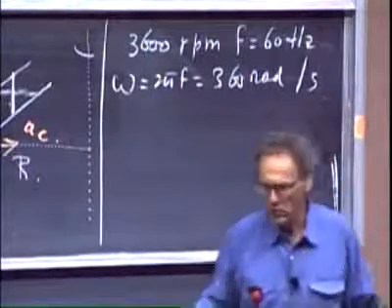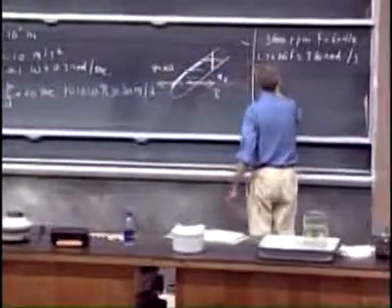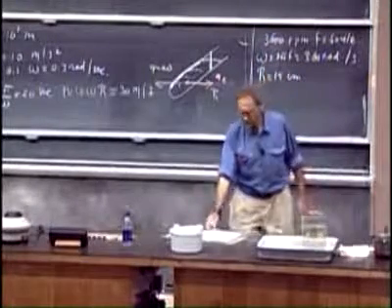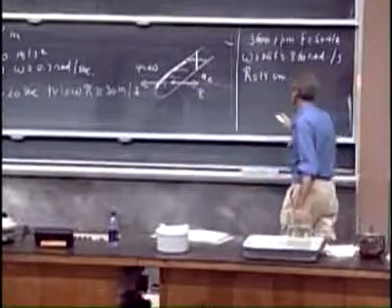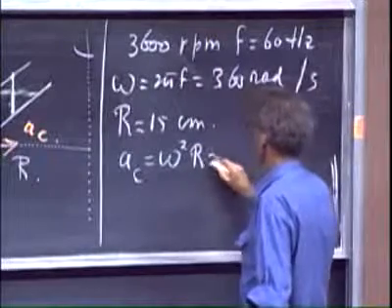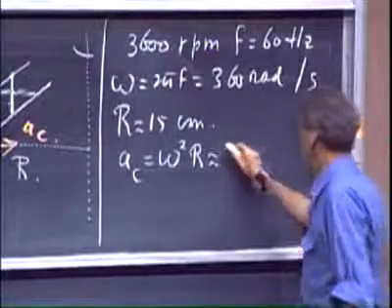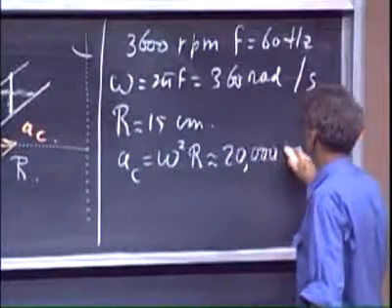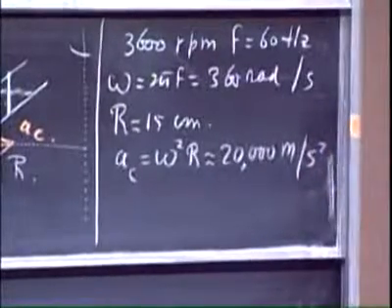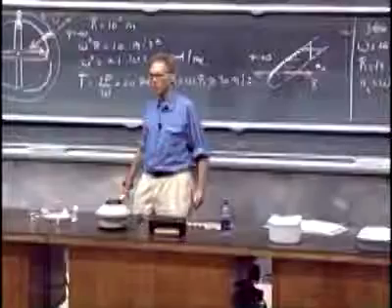If we assume that the radius is maybe 10, 15 centimeters, whatever, let's take a radius of 15 centimeters. We can calculate now what the centripetal acceleration is. The centripetal acceleration, a_c, which is omega squared r, is then roughly about 20,000 meters per second squared. And that is 2,000 times the gravitational acceleration.